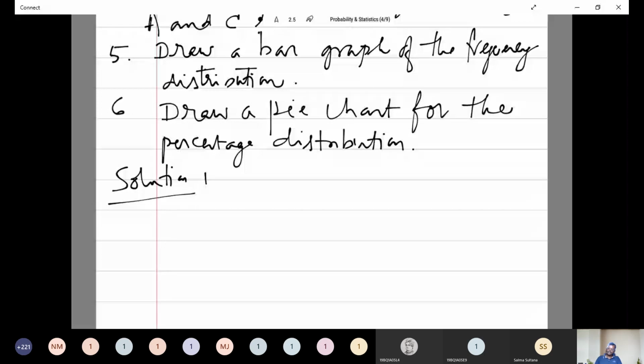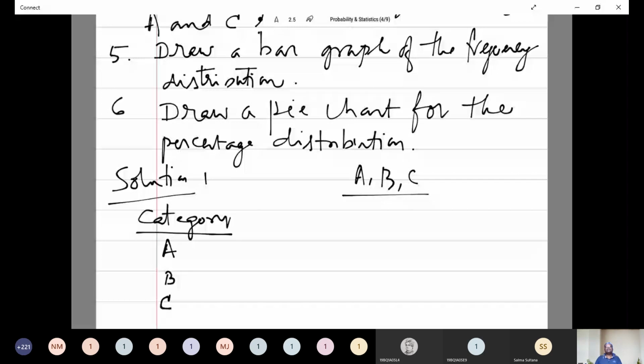A, B, C. That means in the first table we have to take category A, category B, and category C. Now, how many times A is available in the data? That we have to count. That is known as the frequency.